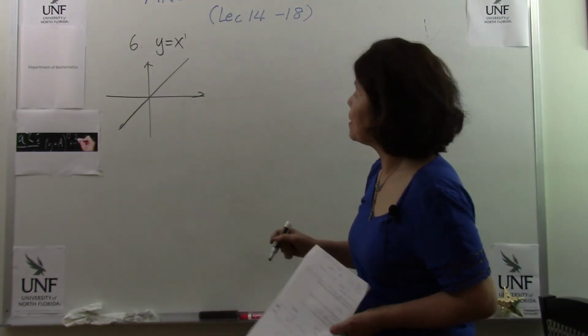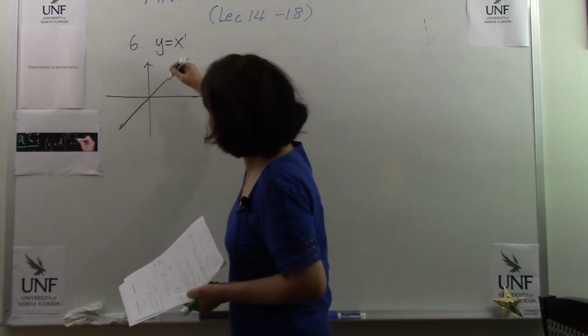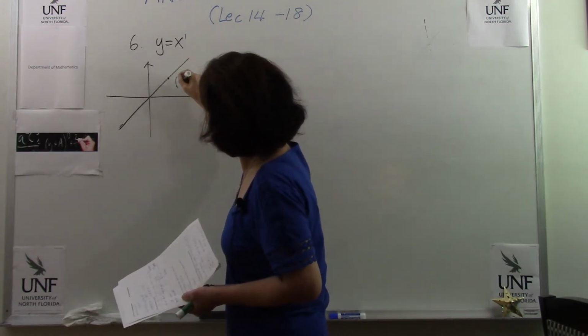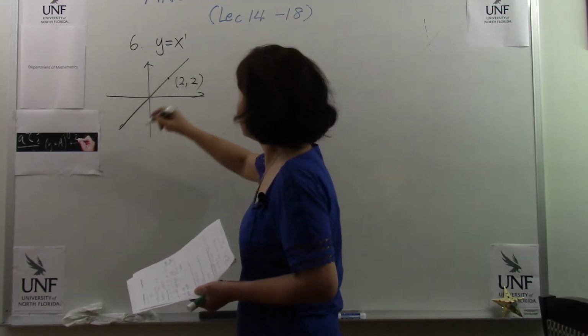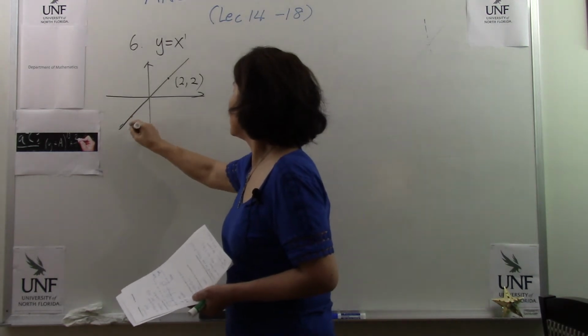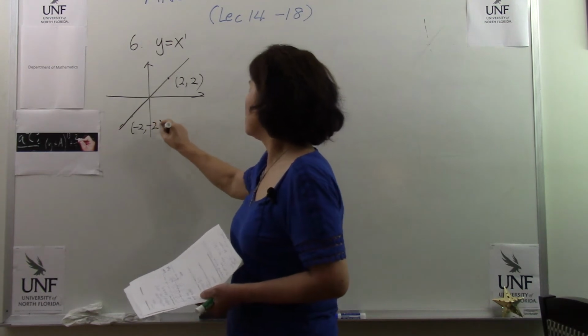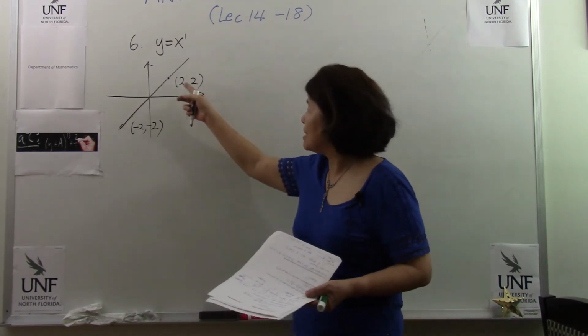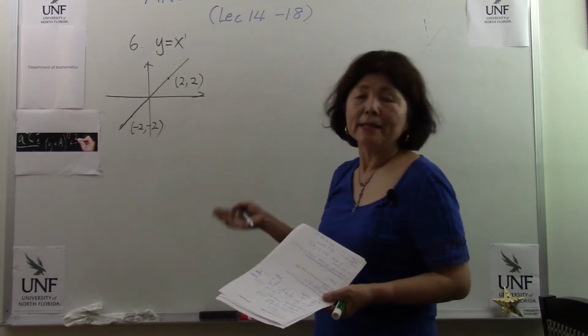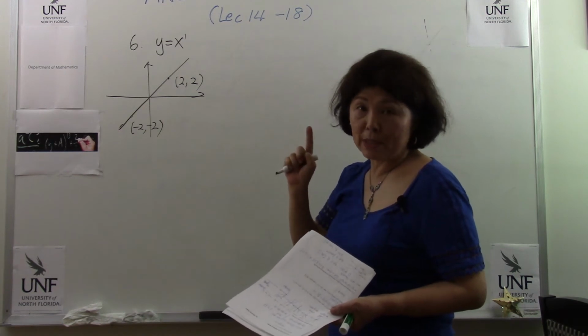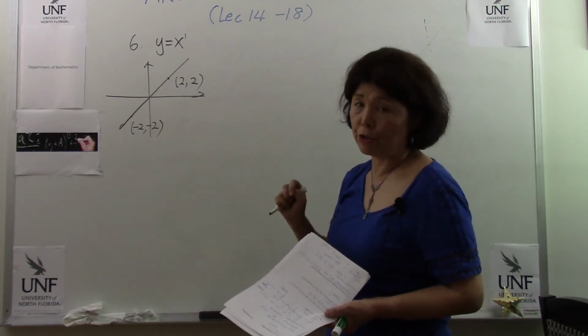On the other hand, if you look at the graph, for example, let's point here 2, 2. We go to negative 2, when x equals negative 2, y is also negative 2. Go to exact opposite. That's why we call it symmetric about the origin.